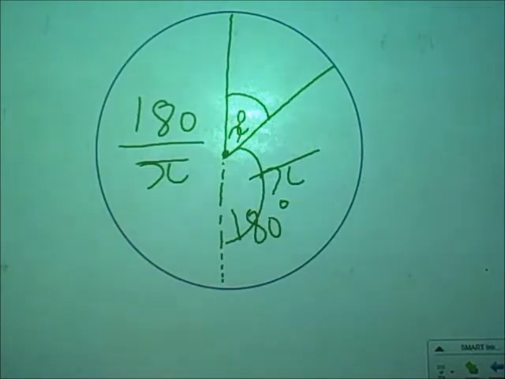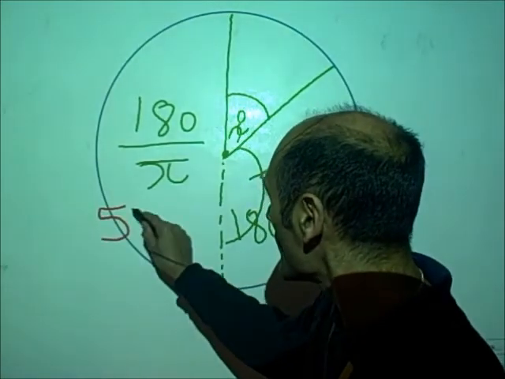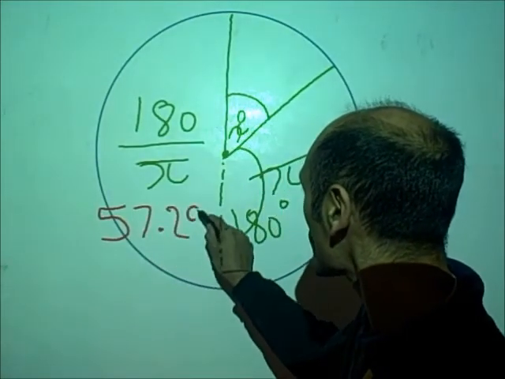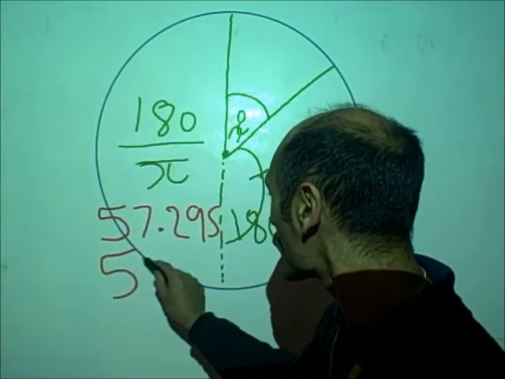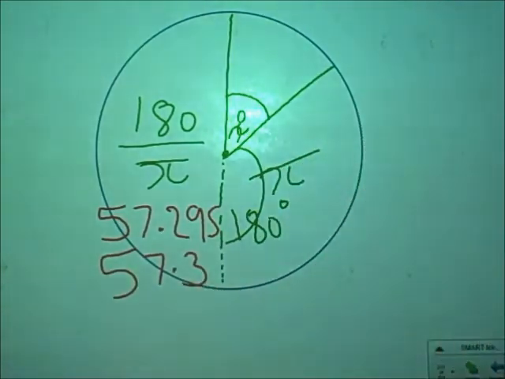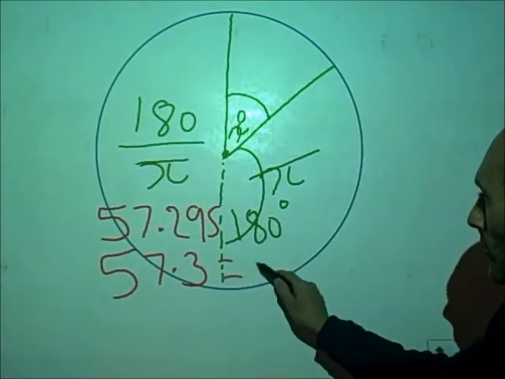Type that into your calculators very quickly, and you should have an answer that represents something in the region of, I'll give you a moment to type it in. 57.295, or we could round it up to 57.3, and that will equal a radian.